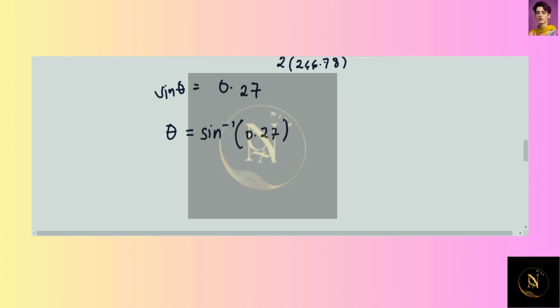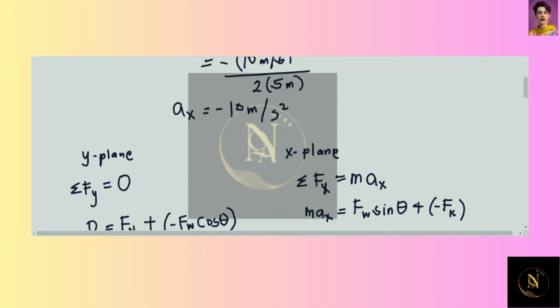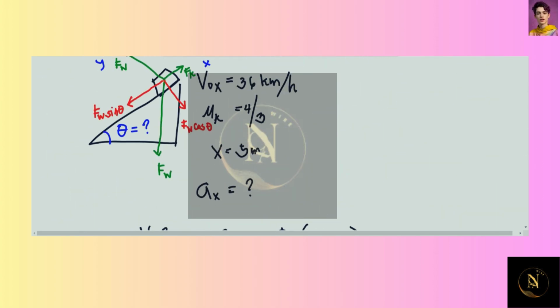Solving, we have the angle is around 16 degrees. Therefore, the angle of inclination of the road should be 16 degrees such that the car will be stopped within 5 meters given that its speed is 36 km/h.